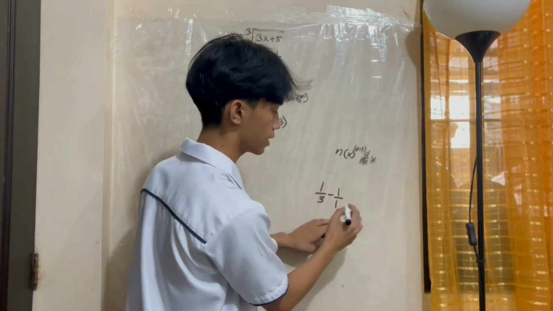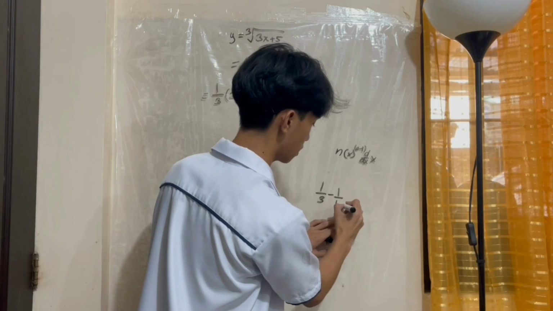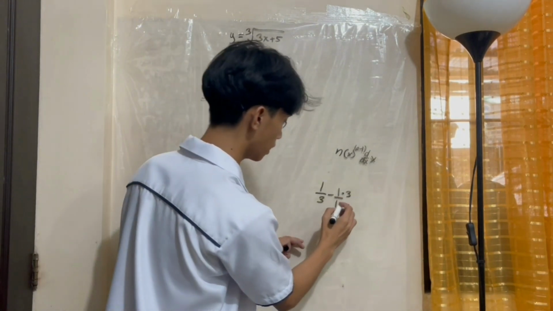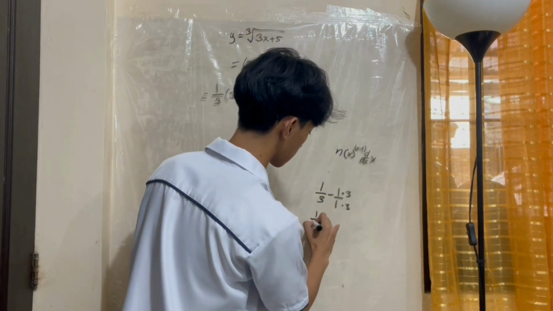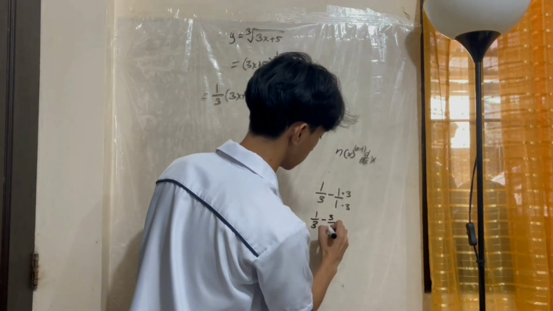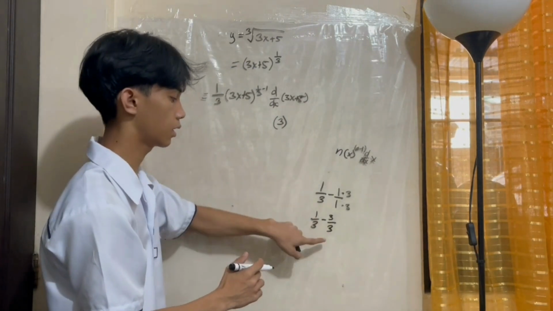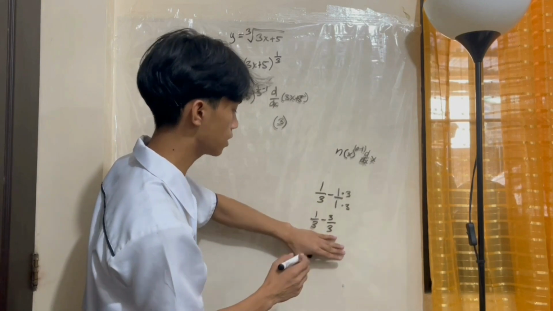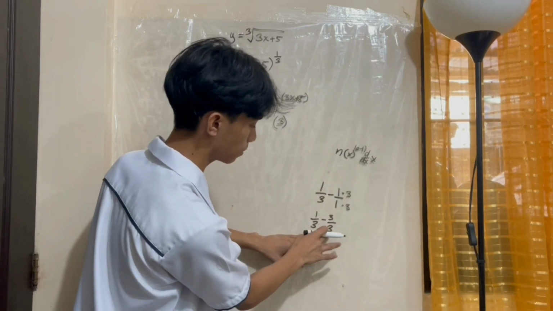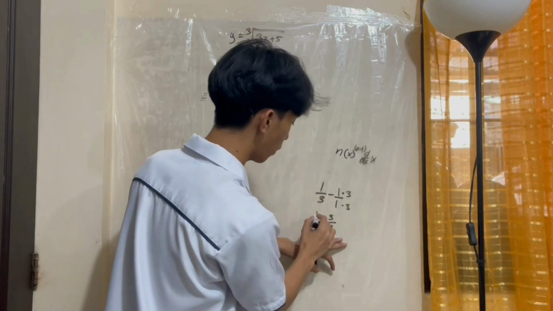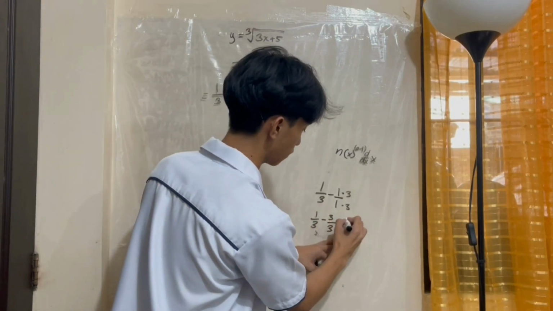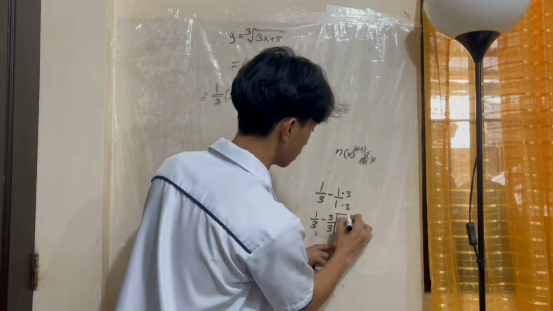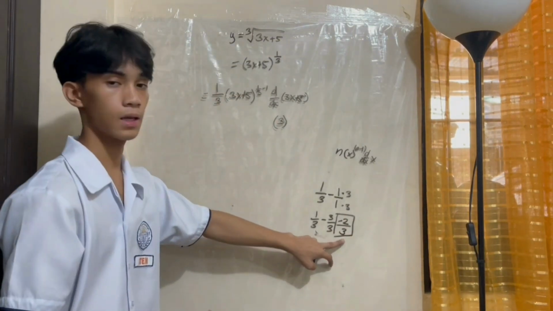So, we need to find their LCM, which is 3. So, multiply it by 3, and then let's subtract our fractions since we already have the same denominator. So 1 minus 3 is negative 2. And then just copy our denominator. So this is now our exponent.